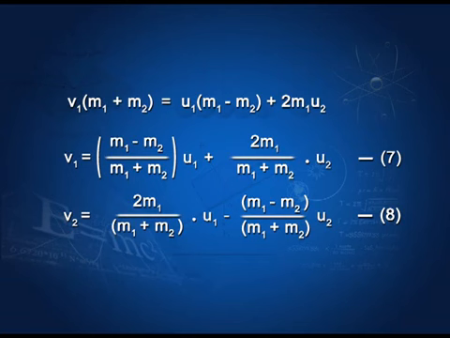Thus, knowing the values of initial velocities and mass of the particle, we can predict the value for V1 and V2. Isn't that very interesting? But remember, we have considered only elastic collision in its ideal form, just no change in kinetic energy and obviously just no change in its momentum.